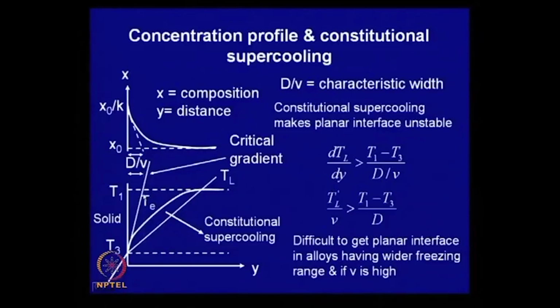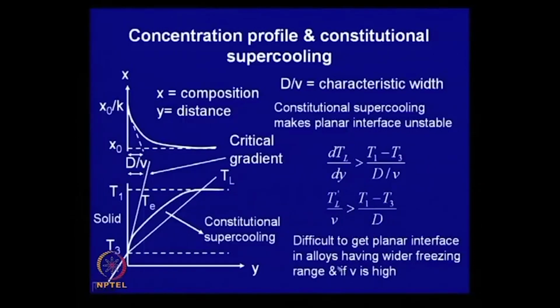If the slope, the gradient, is on this side, you will have a planar interface. If the gradient is on this side, you will have dendritic growth. So, on this side you have planar, and on this side you have dendritic growth.